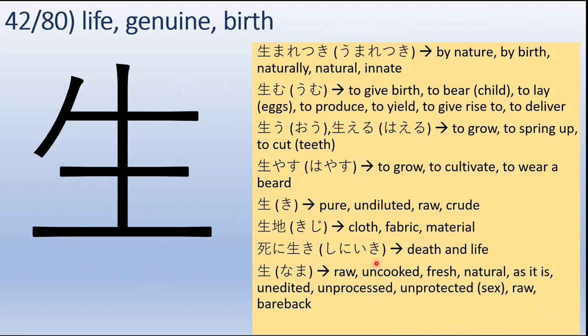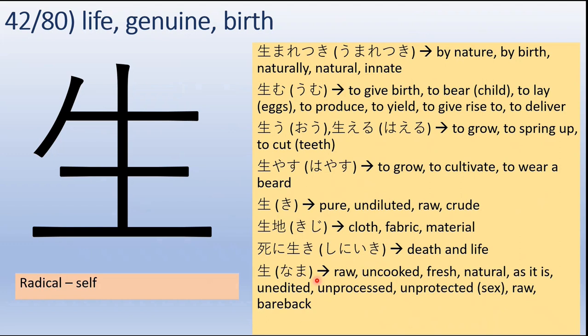Then we have shiniki, which means death and life. Then we have nama, which means raw, uncooked, fresh, natural, as it is, unedited, unprocessed, unprotected. So anything that is raw and unprotected and unprocessed, unedited, this falls under nama.